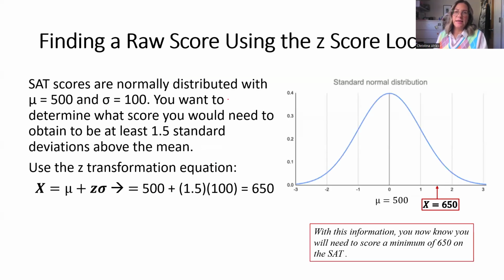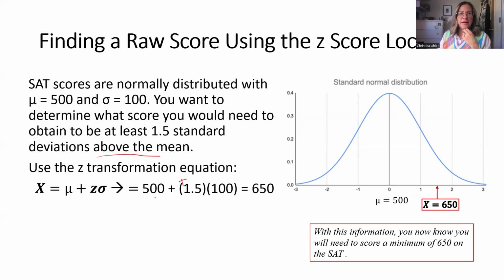So here's what that would look like. Again, we have the same information, SAT scores with a population mean of 500, standard deviation of 100, and you want to determine what score you would need to obtain at least 1.5 standard deviations above the mean. Because this says above the mean, this 1.5 is positive. If it said 1.5 standard deviations below the mean, you would make that a negative, and that's very, very important.